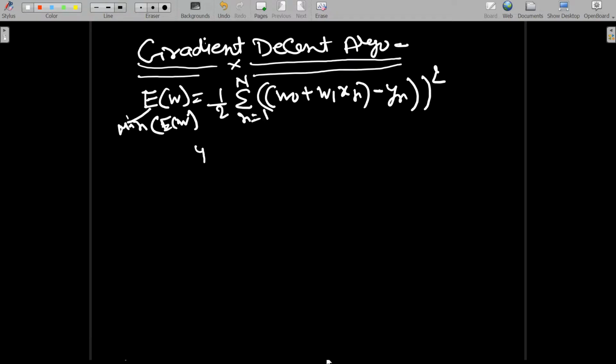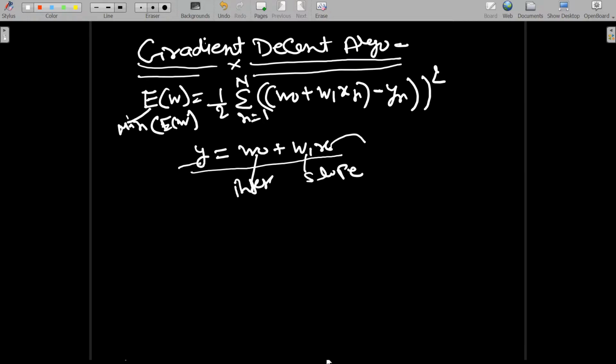Let's suppose we have a line which is w0 plus w1 x. This is the linear regression model, and let's assume that we have picked some w0 and w1. What I am saying here is that y is dependent on the independent variable x, and w1 is the slope of the line and w0 is the intercept.